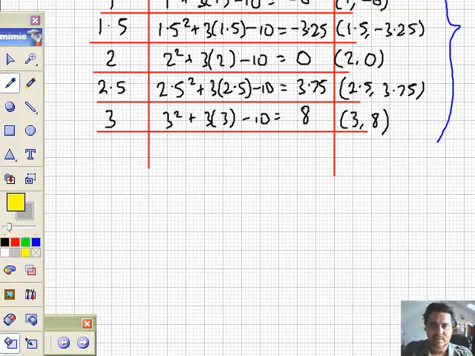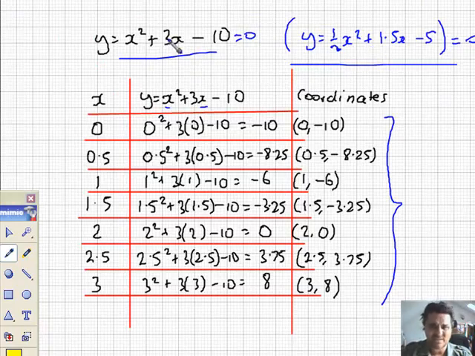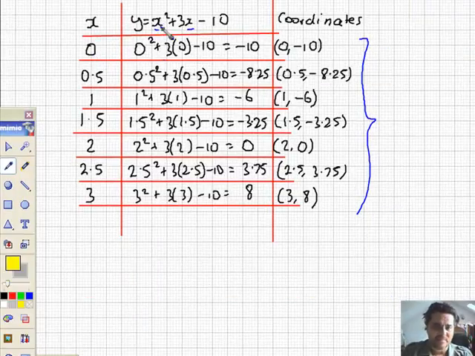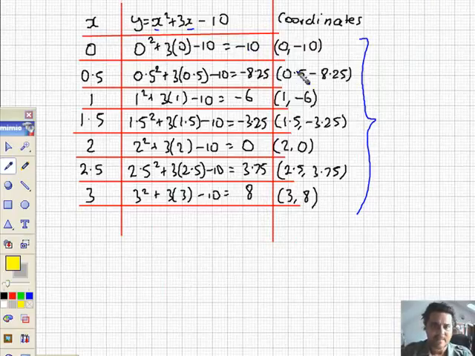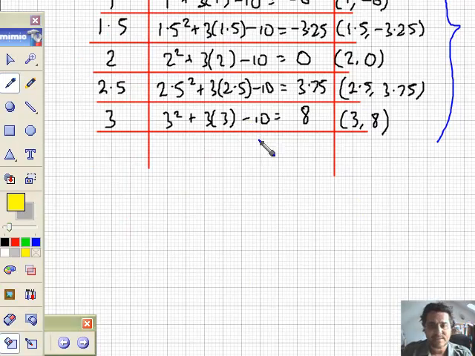I've substituted x values, you can see, 0 squared plus 3 times 0 take away 10, well that equals minus 10. So I'm constructing, as is usual, a table of values to get the x and y coordinates in order to plot the graph. Here's the last one, 3 squared plus 3 lots of 3 take away 10. Well, that's going to be 9 plus 9, 18, take away 10 is 8, hence the 3, 8 as an example.